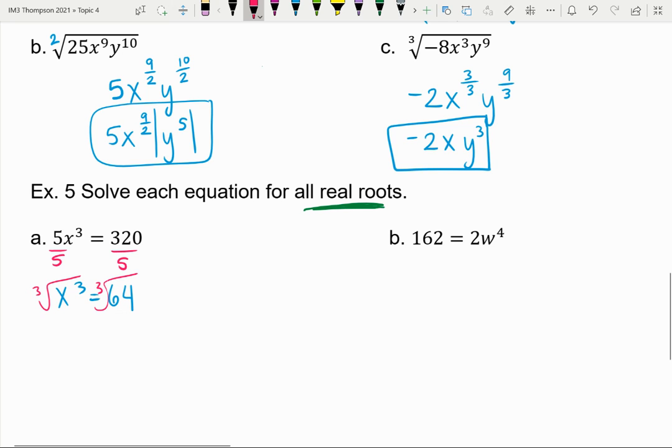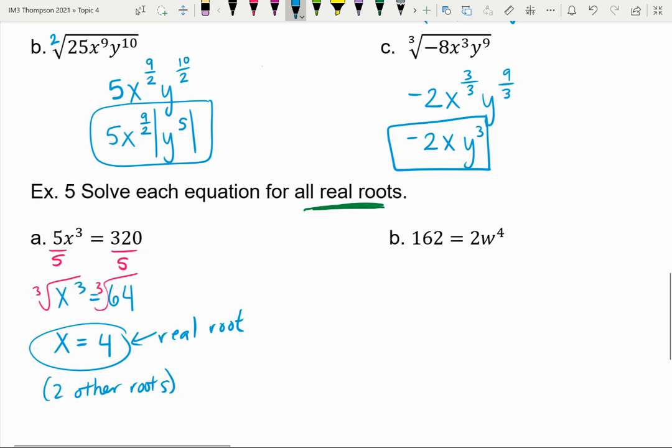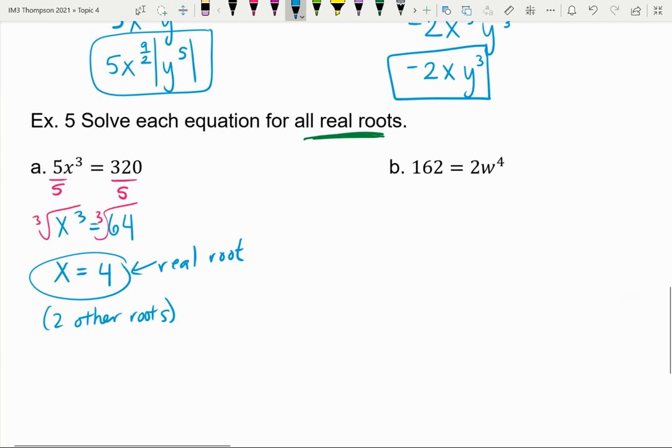Now, your calculator will give you the real root. It will not give you all of the roots without you knowing more information. The cubed root of x cubed is x. The cubed root of 64 is positive 4. So this is the real root. There are two other roots, but they are either imaginary or complex.